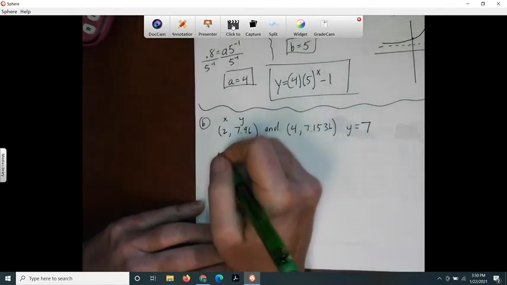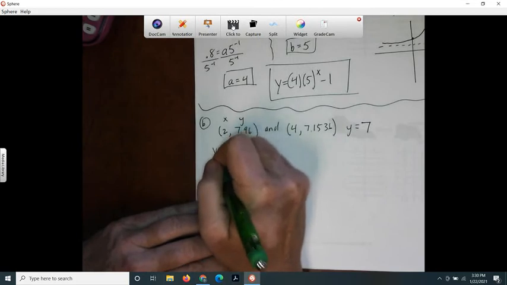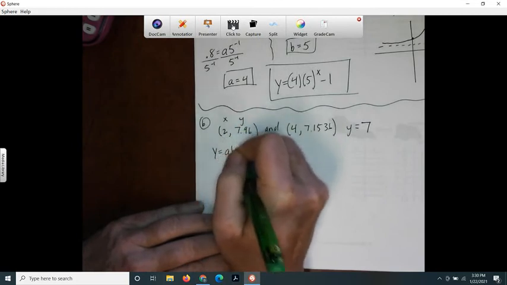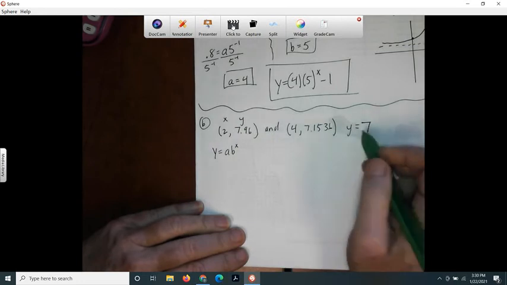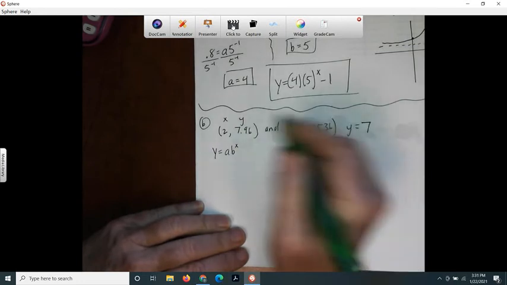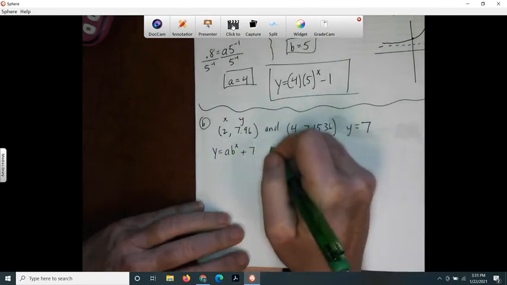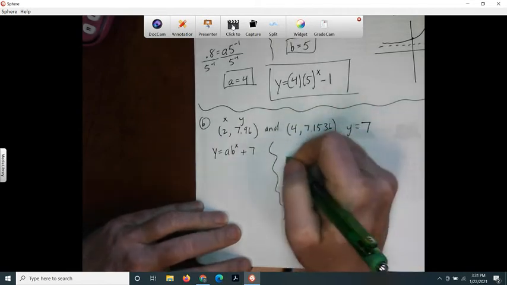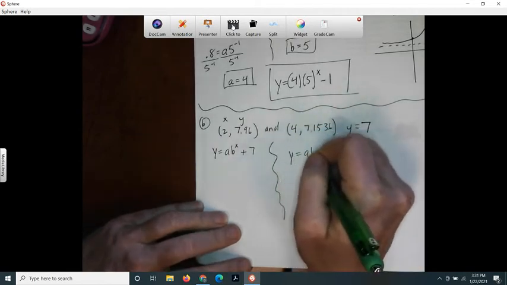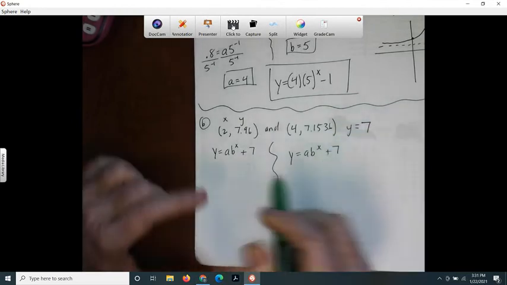So we know it's y equals a times b to the x plus k. Let's just write k in. k is going to be 7 in this case. And y equals a times b to the x plus 7. So we're just going to plug our numbers in.